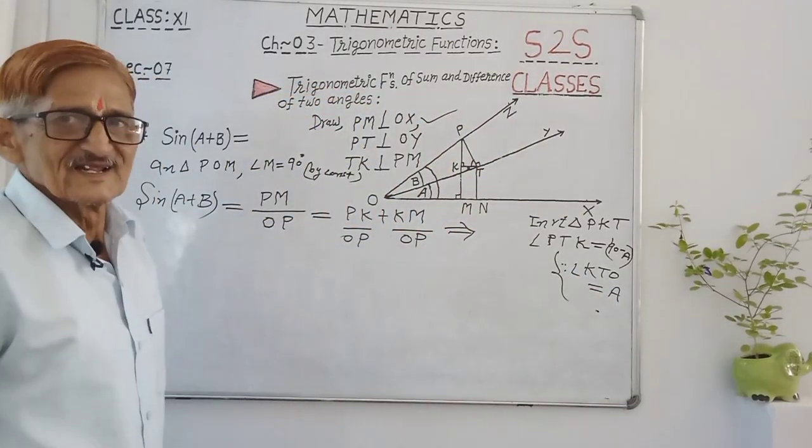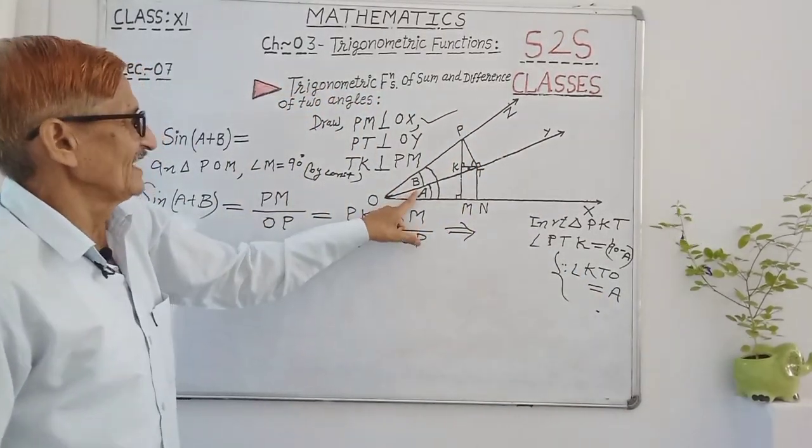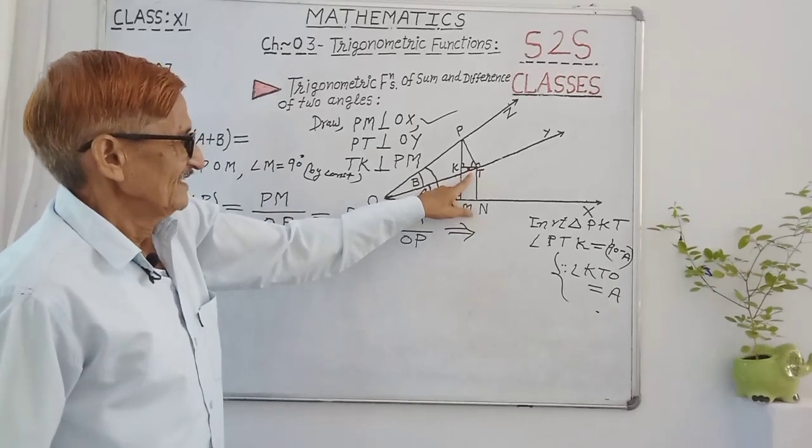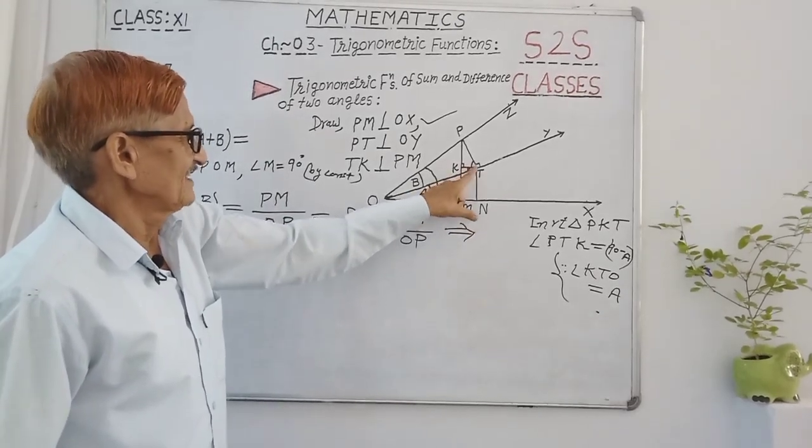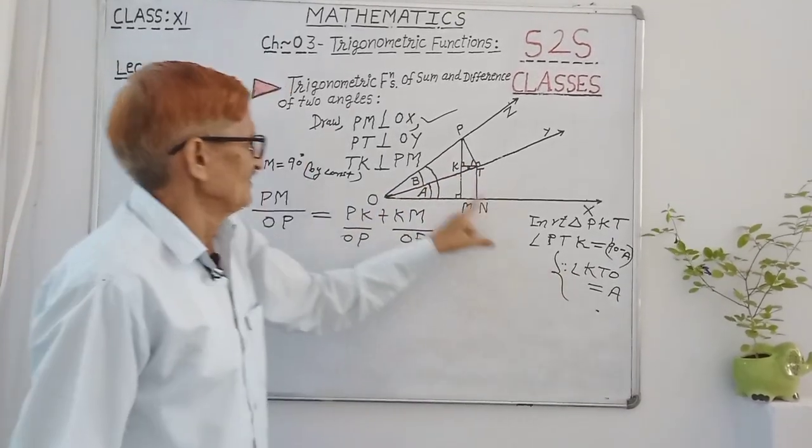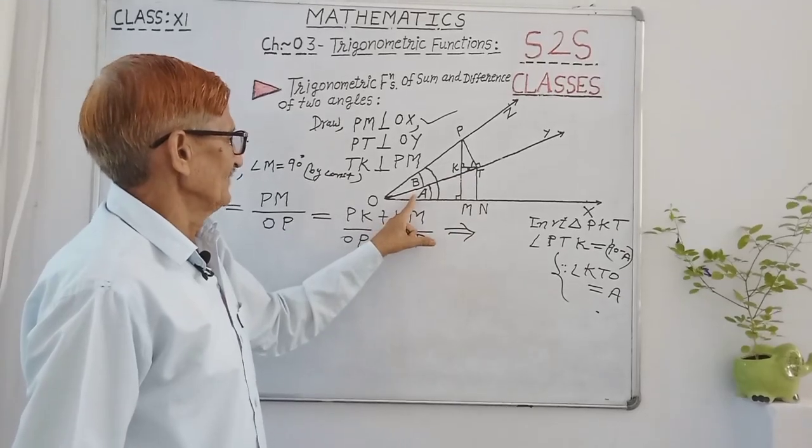Understand? Alternate interior angle: angle KTO will be equal to angle A. Why?